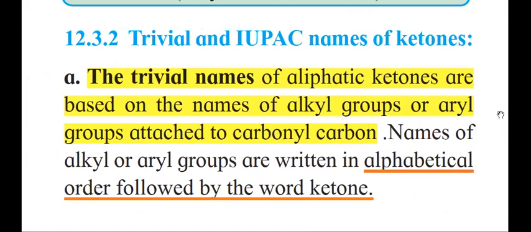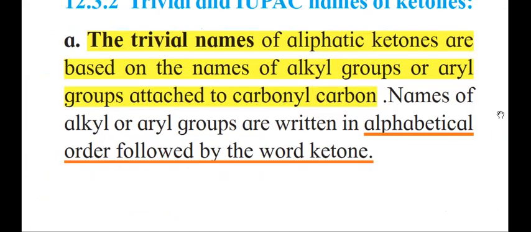The names of these alkyl or aryl groups are written in alphabetical order, followed by the word ketone. Why alphabetical order? Because there are two groups now: R-CO-R'. Two alkyl or aryl groups, therefore arranged in alphabetical order, and at the end we add ketone.